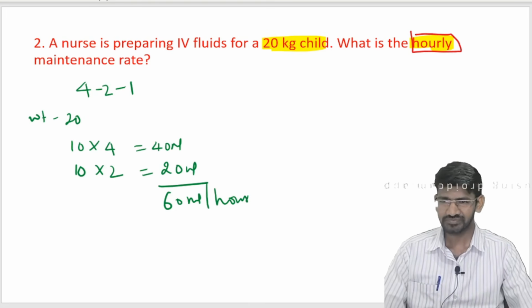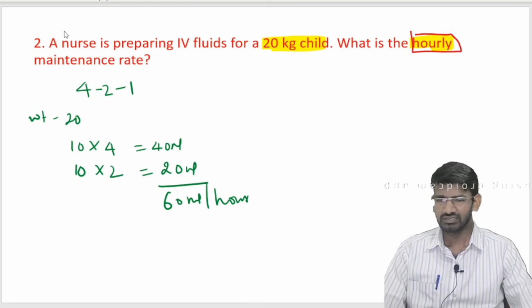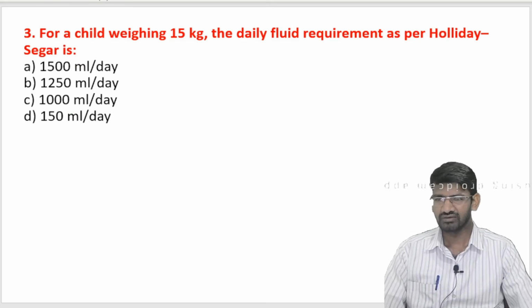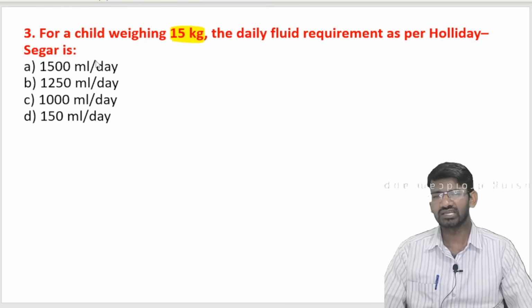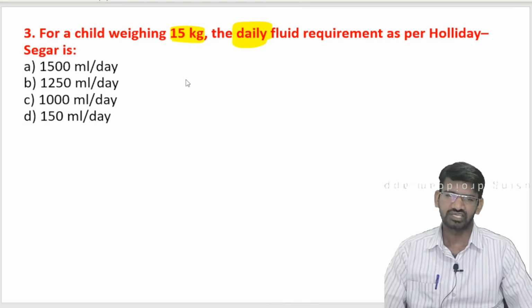Now the next example: a child is weighing 15 kg. The fluid requirement as per Holliday-Segar, daily fluid. Here they are asking for the daily fluid, so again it is the same calculation. The weight is 15 kg.